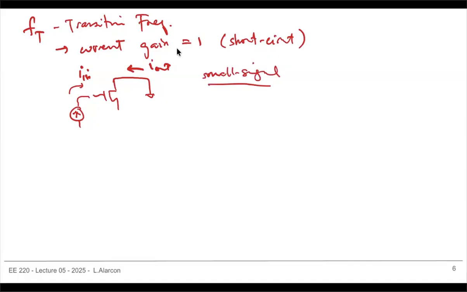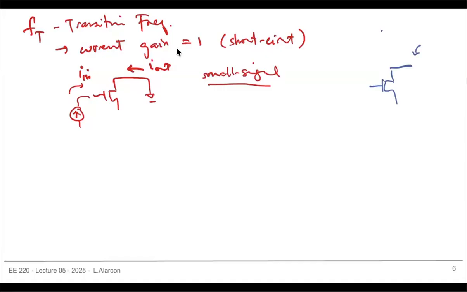So in small signal, you might say, okay, what does a short look like? So remember, in the way we build small signal, right? So okay, I have a transistor, and I want to put in a small signal short.